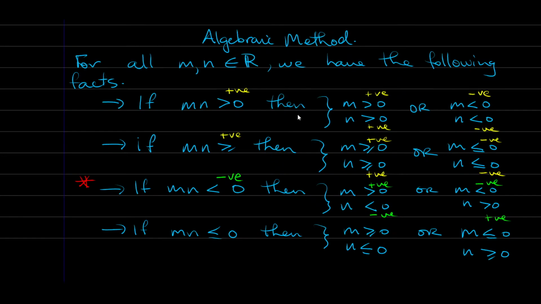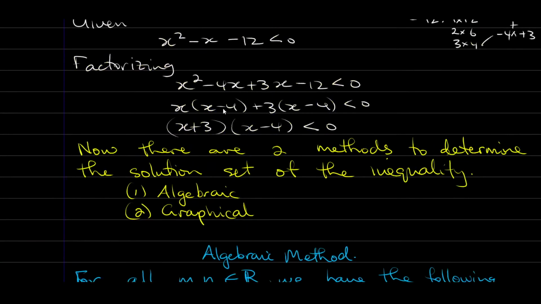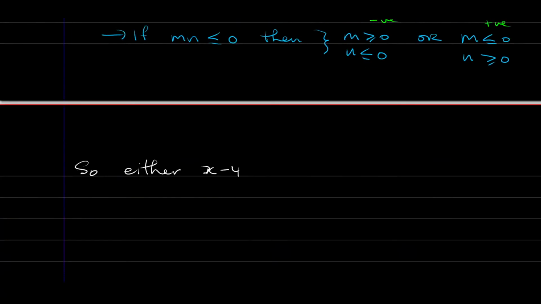All right, and let me just write that out in the solution format so that you can see it. So either m, in this case, is x minus 4, I believe. Let me see. Yeah, x minus 4 and then x plus 3. Oh, x plus 3. All right, let's put plus 3 here.